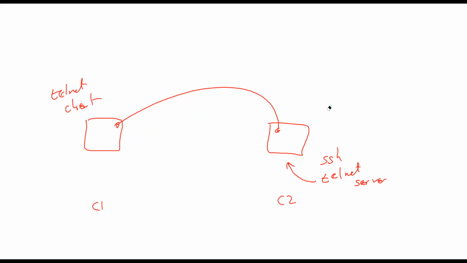So this is 192.168.1.5. This is 192.168.1.7, whatever it is. All right, and so you're going to initiate, so the command line, telnet 192.168.1.5.